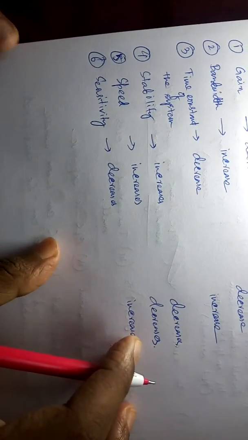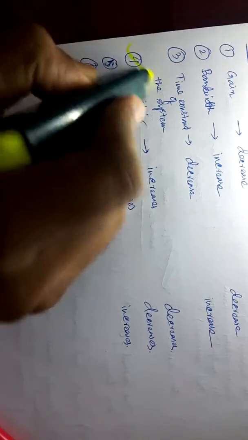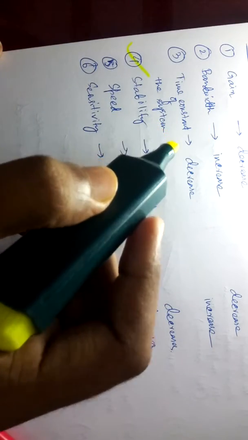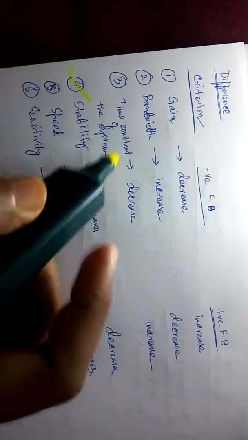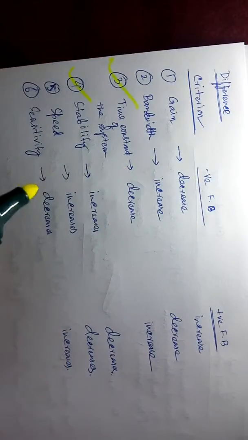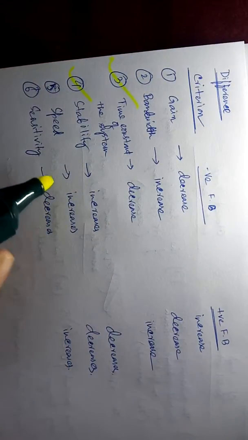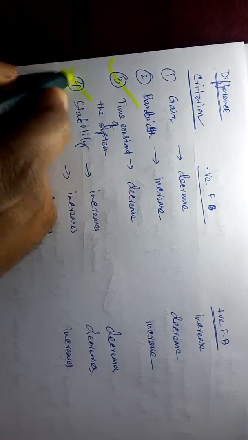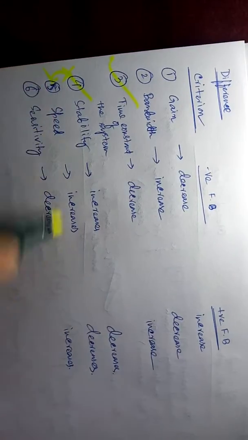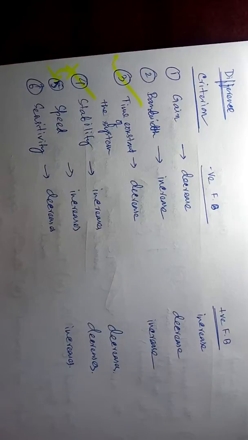Now, there are two very important points. One is stability, and second is time constant of the system. Now, if you remember the stability, you can easily remember the point speed of the system.